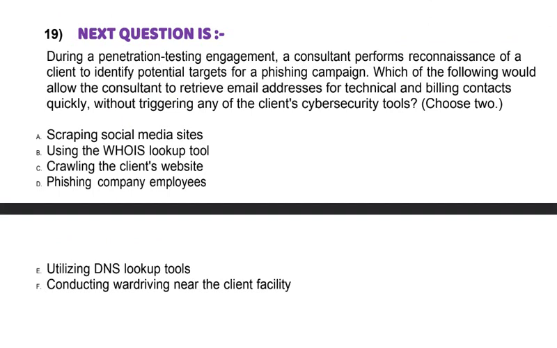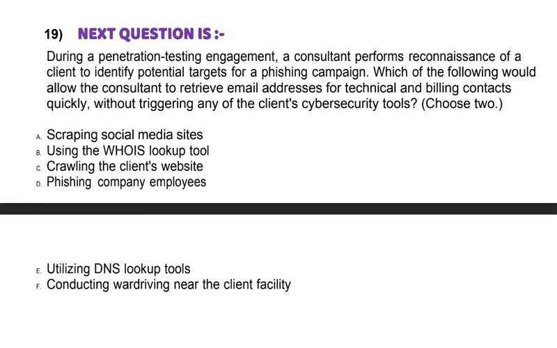Question is during a penetration testing engagement, a consultant performs reconnaissance of a client to identify potential targets for a phishing campaign. Which of the following would allow the consultant to retrieve email addresses for technical and billing contacts quickly, without triggering any of the client's cybersecurity tools? Choose two options. Option A, scraping social media sites.